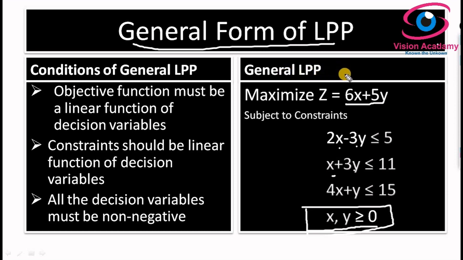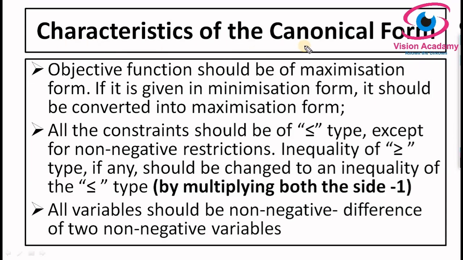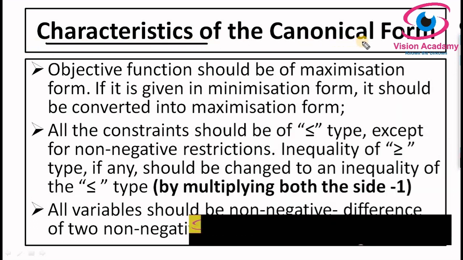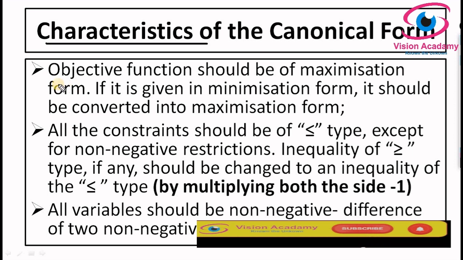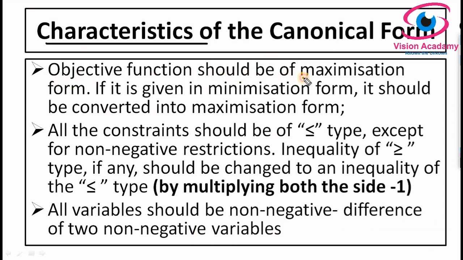Then let us study the characteristics of canonical form of linear programming, that is, how to convert into canonical form. Before we rewrite into canonical form, we have to study its very important characteristics. First, the objective function should be maximization type. It must not be a minimization type.